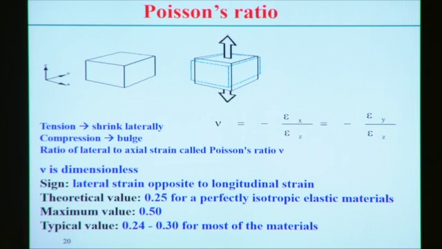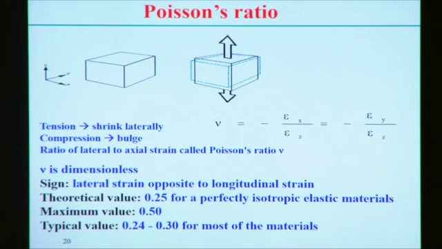It is obvious that the Poisson's ratio is dimensionless, and the sign indicates that the lateral strain is opposite to the longitudinal strain.